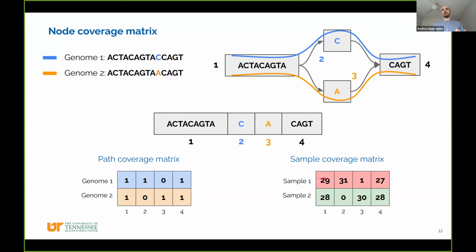So sample 1, 29 reads map on node 1, 31 reads map on node 2, and so on. So you count, for each sample, how many reads map on each node. So we have these 2 kinds of matrices, and our method to genotype samples is based on these 2 matrices.